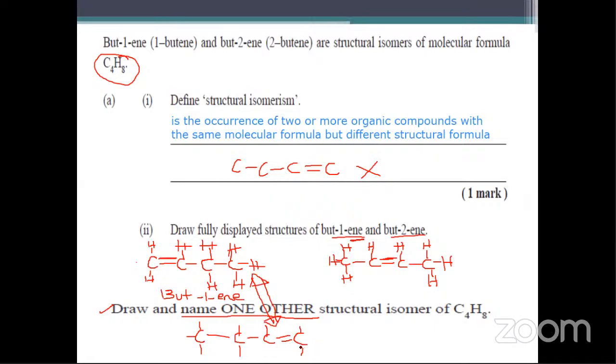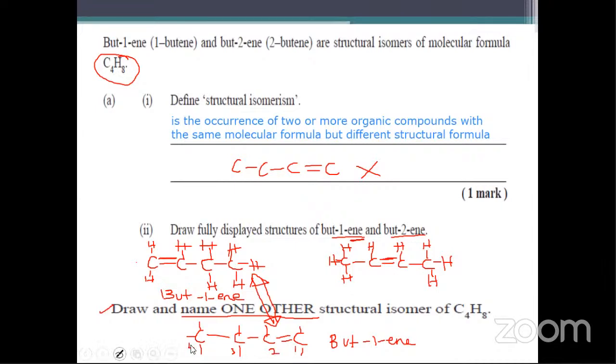The name of this compound is but-1-ene. Why do I say that? Remember, you always start naming where the double bond is located. You start to number the carbon nearest to the double bond. So you would start numbering from this direction, 1, 2, 3, 4.